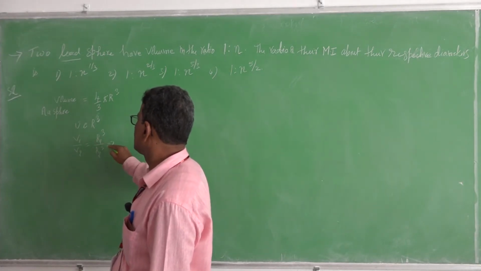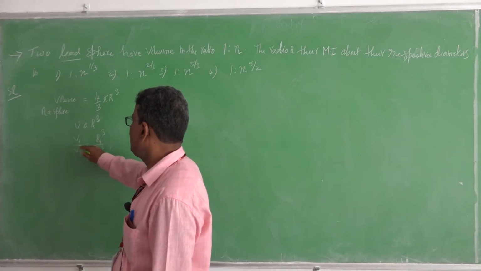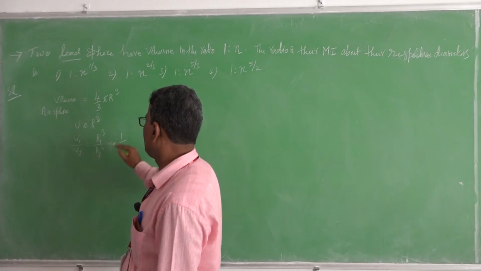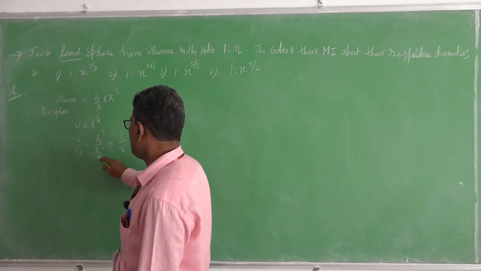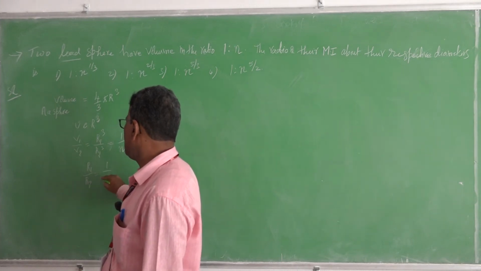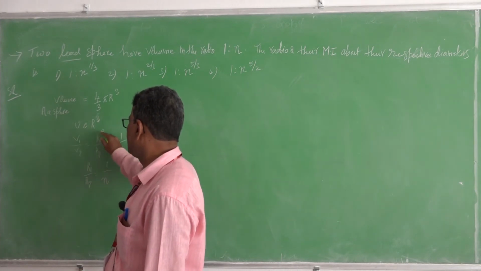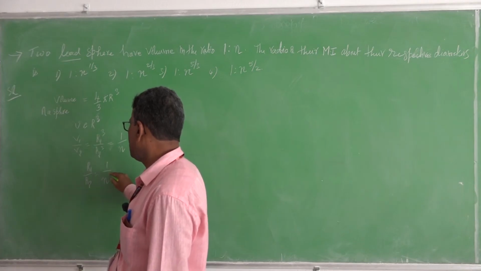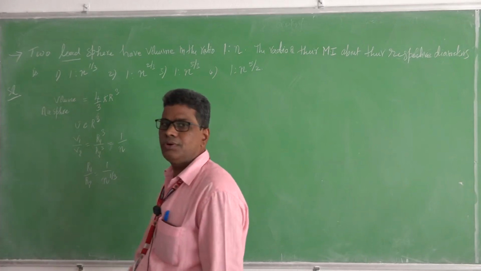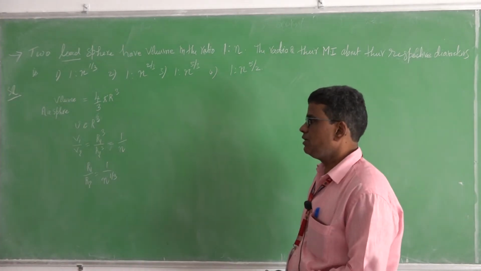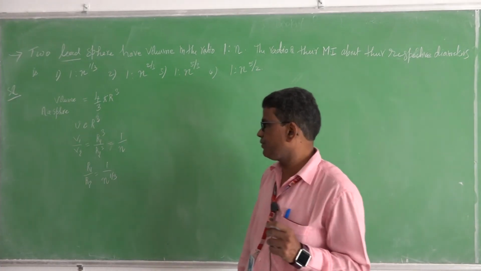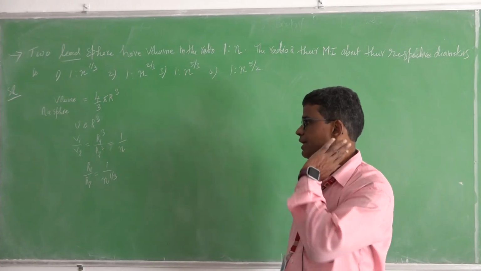V1 by V2 is given as 1 by n. So what is R1 by R2? Bring the 3 to the other side, so it becomes the power 1 by 3. So R1 by R2 is 1 by n to the power 1 by 3. So I got the ratio of radii.